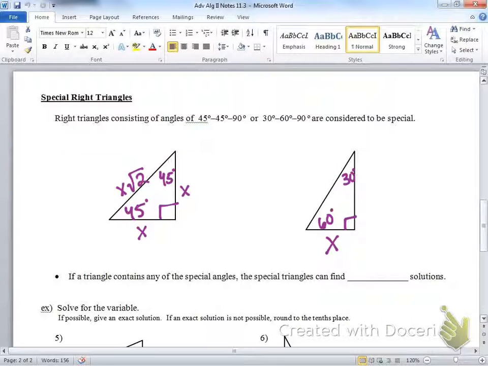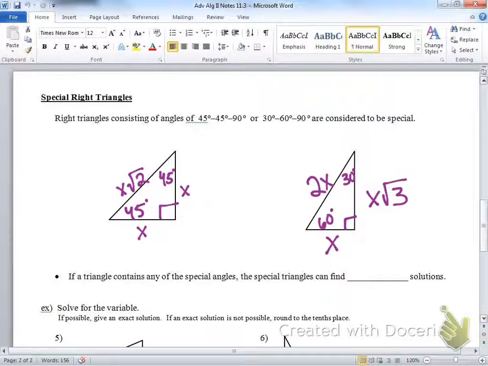The hypotenuse is 2x. And then across from the 60 is x square root 3. These are just special relationships that you could derive with the Pythagorean theorem, but I would probably just try to memorize them.